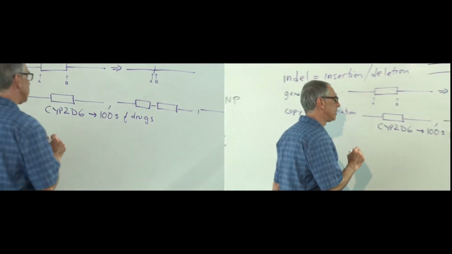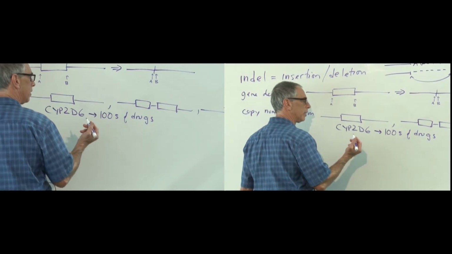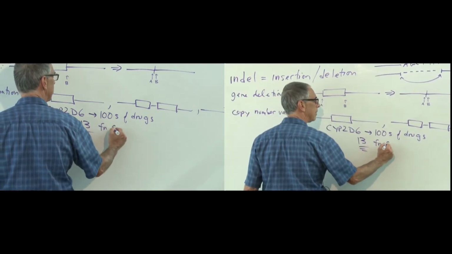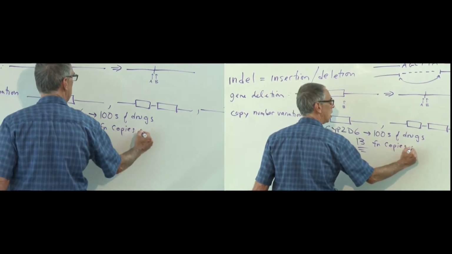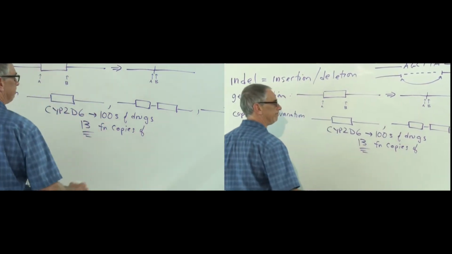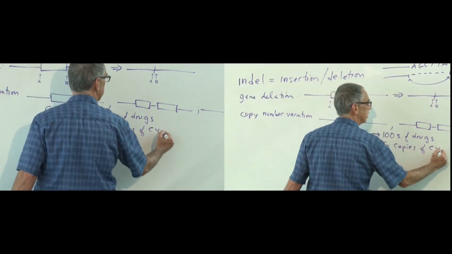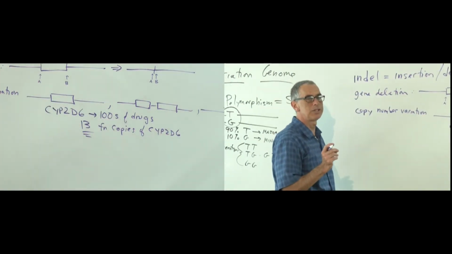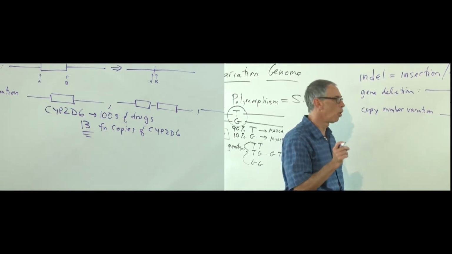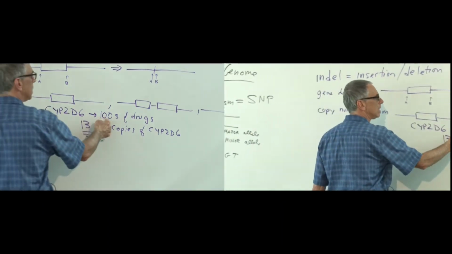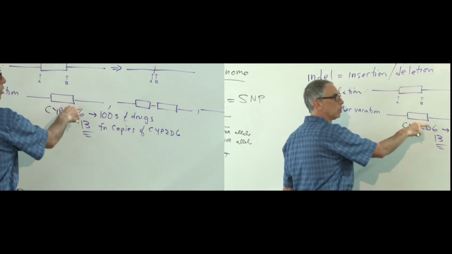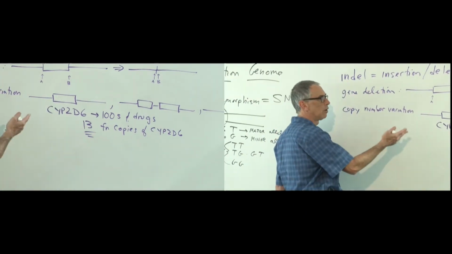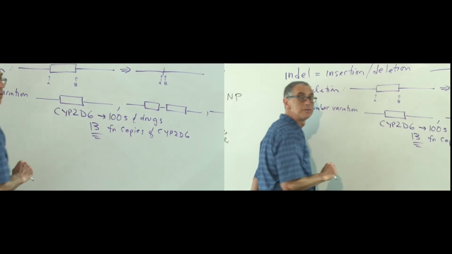Interestingly, there is somebody who has been reported in the literature who has 13 functional copies of this gene, CYP2D6. So that person has 13 times more ability to metabolize these drugs than somebody who has only 1 copy. And that has huge repercussions for their drug response for all of these hundreds of drugs.